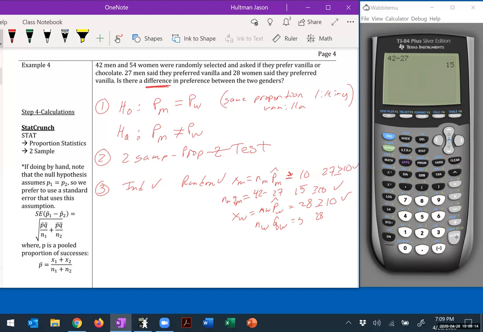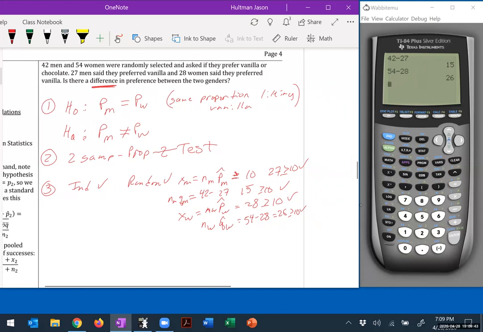This is 28. And this is going to be 54 minus 28, which is equal to 26, which is greater than 10. So that checks.